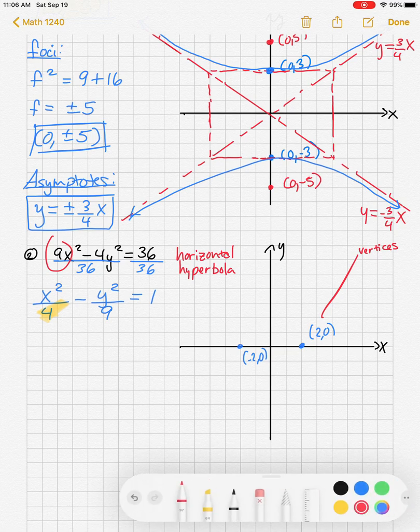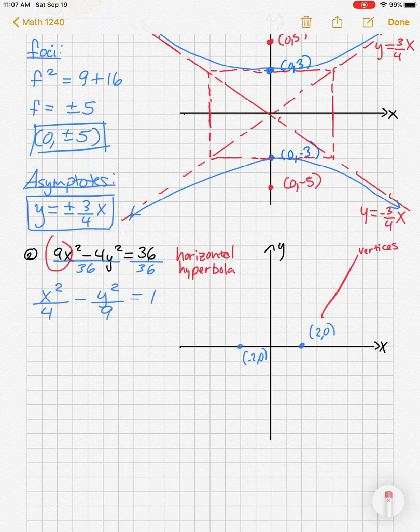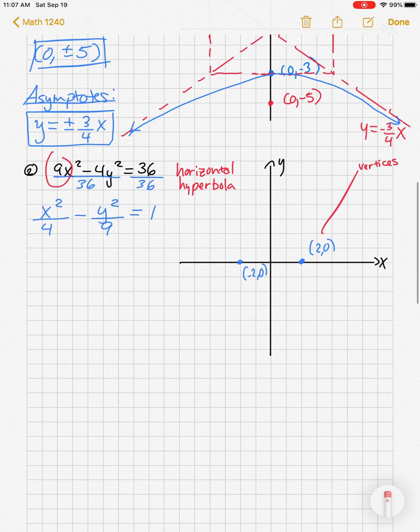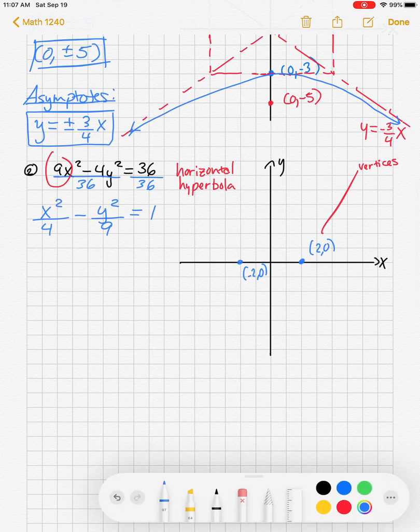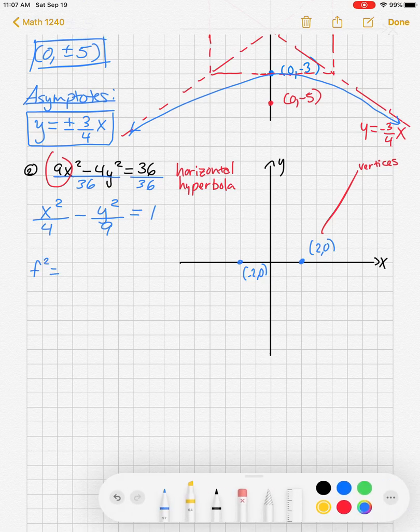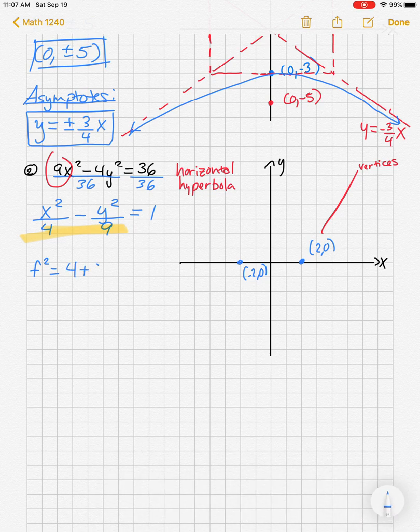What else can I do? Let's find the focus points. I use these numbers here, the sum.